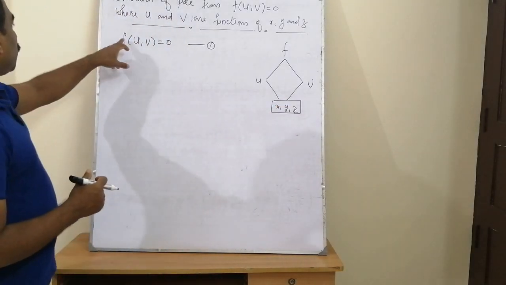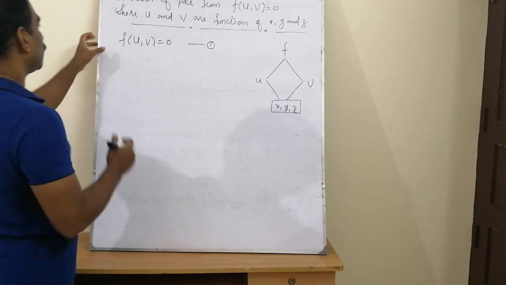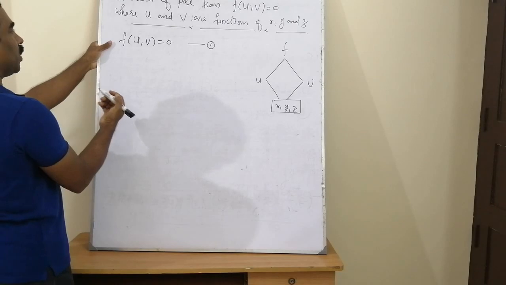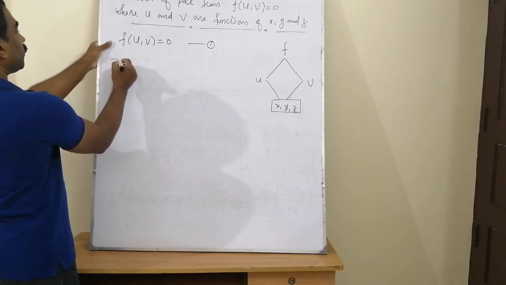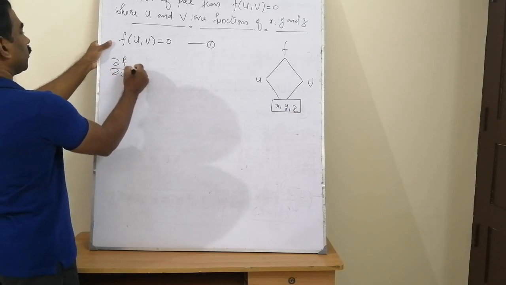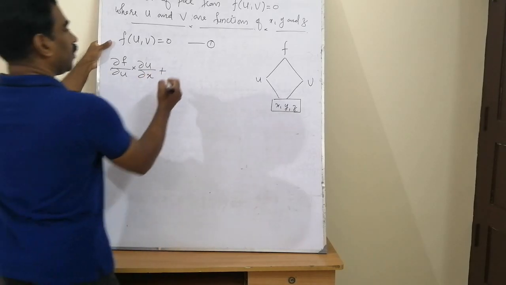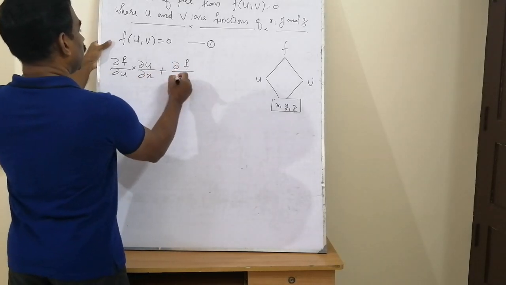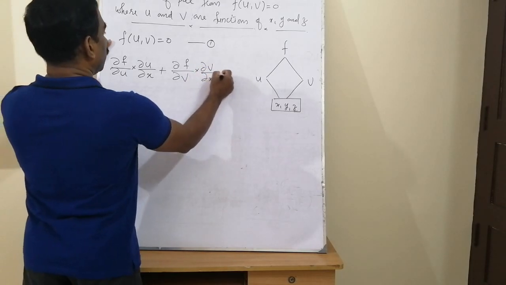So we are going to differentiate equation number 1 partially with respect to x and y. If we differentiate equation number 1 partially with respect to x, we get dou f by dou u into dou u by dou x plus dou f by dou v into dou v by dou x equal to 0.